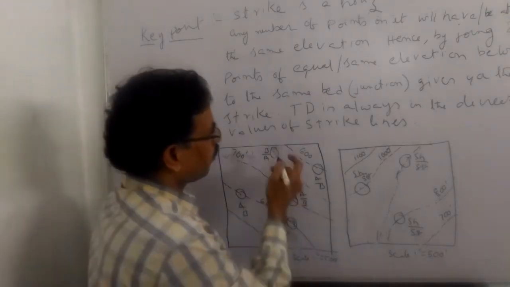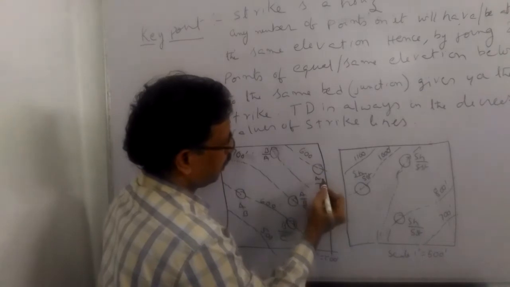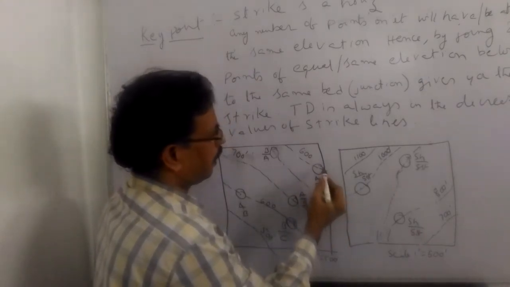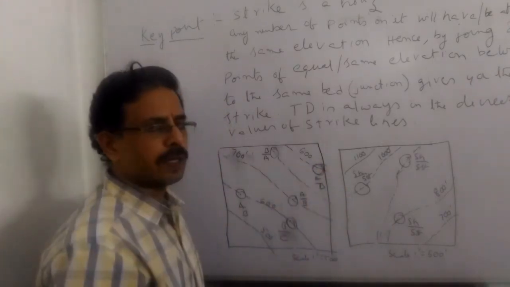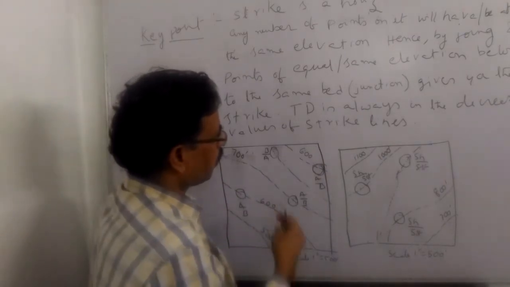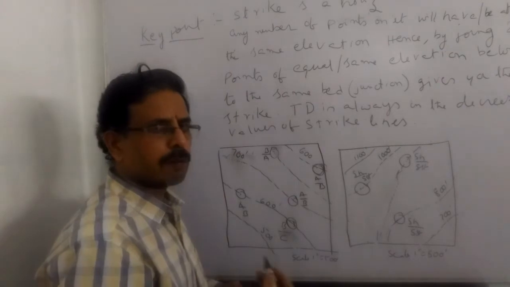See, there is an outcrop at this particular point, the A by B junction. Here there is an outcrop of the A by B bed. So what is the height of the bed there?